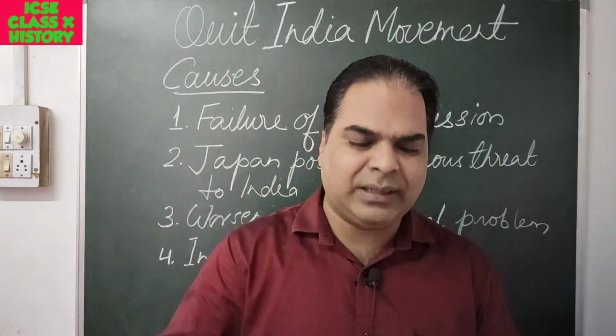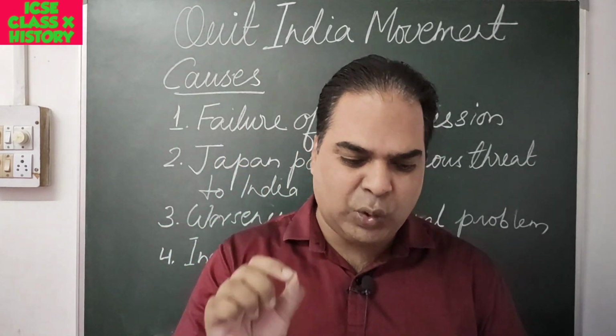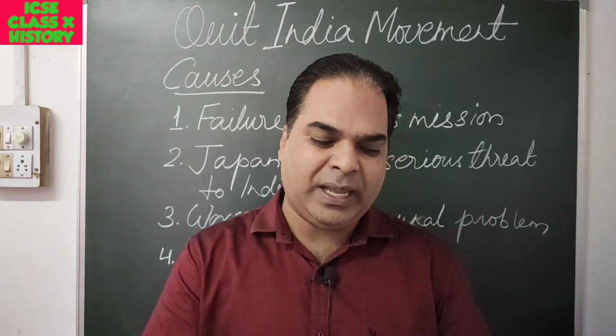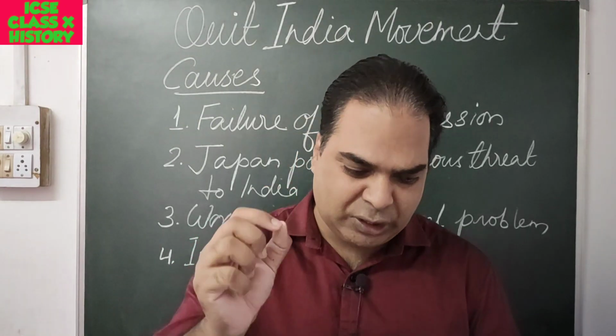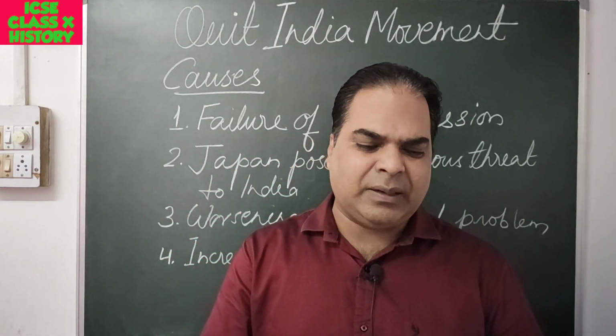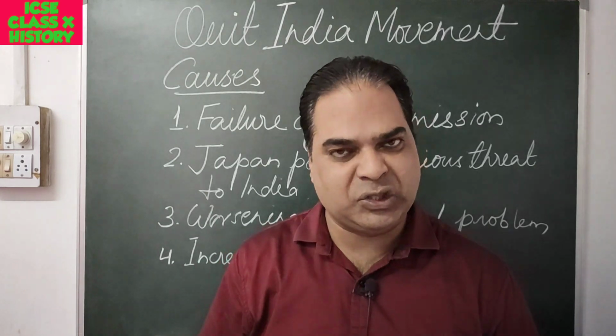In the year 1940, the Muslim League held a session at Lahore, and there they came up with the two-nation theory. They demanded the partition of India. Congress realized at that time that behind this two-nation theory there was a hand of the British.